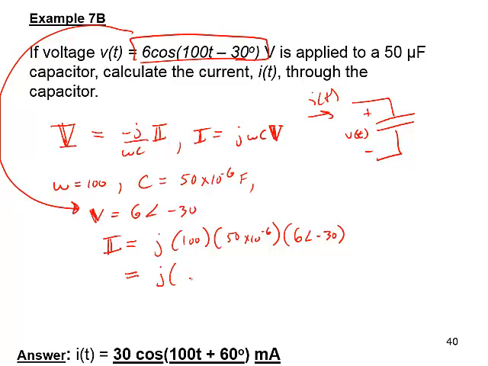And cranking that all through, it's j times 0.03 angle minus 30. And again, that j is a 90 degrees phase shift, so you can write that as 1 angle 90.